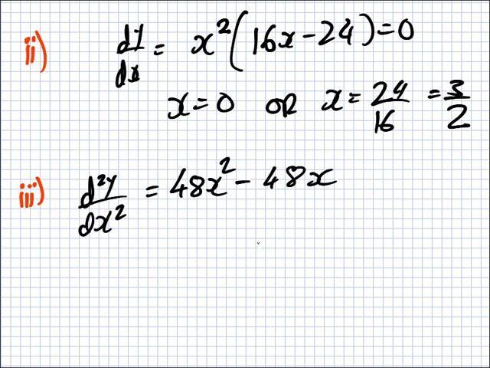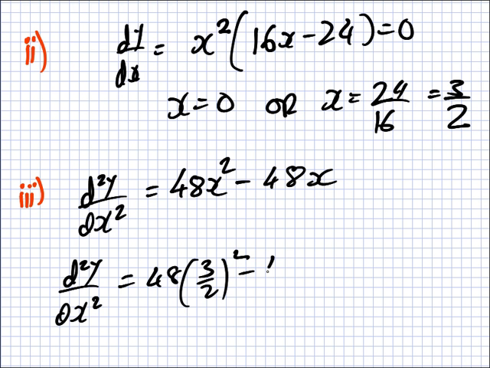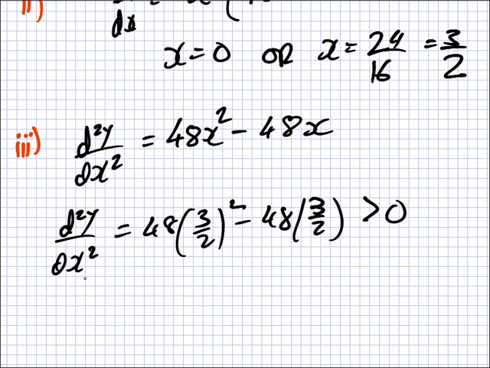You get a positive. Of course it's positive, because the first part is bigger than the second part. So we know that when x equals 3 over 2, it is a minimum.